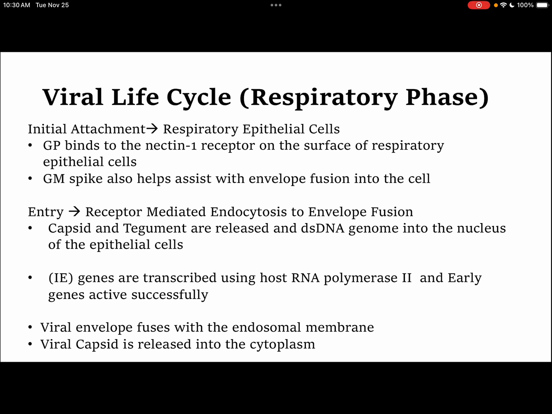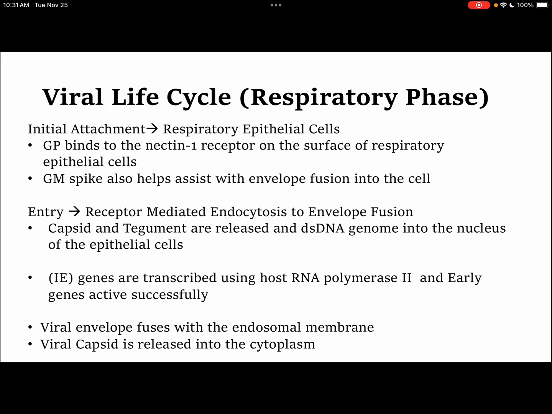The glycoprotein will bind to the Nectin-1 receptor in respiratory epithelial cells. Once this occurs, the virus will enter through receptor-mediated endocytosis, and we'll also see some help from the GM glycoprotein to promote envelope fusion. Once the envelope fuses with the membrane, the capsid and the tegument are released into the cytoplasm and then transported into the nucleus.